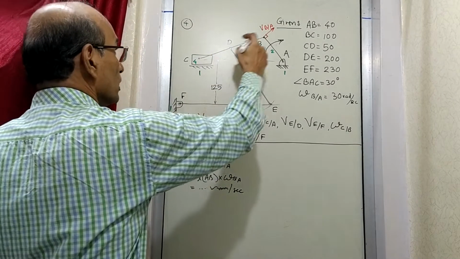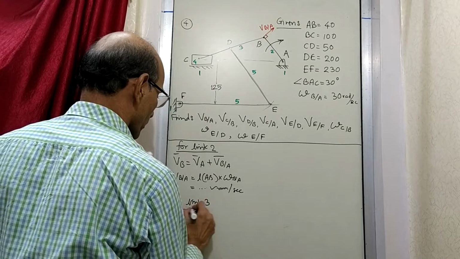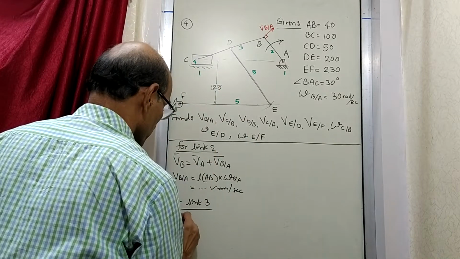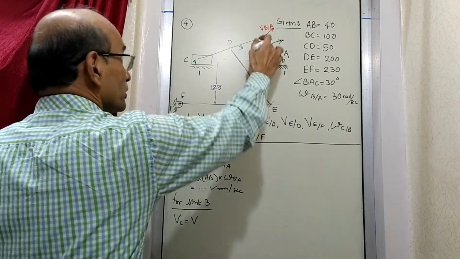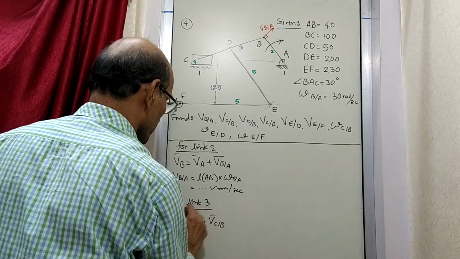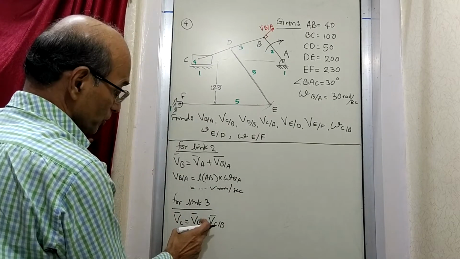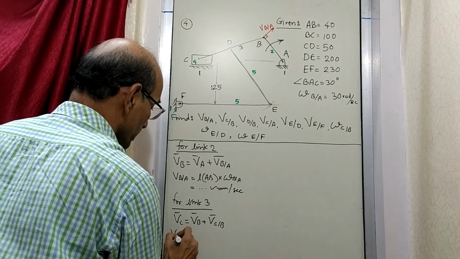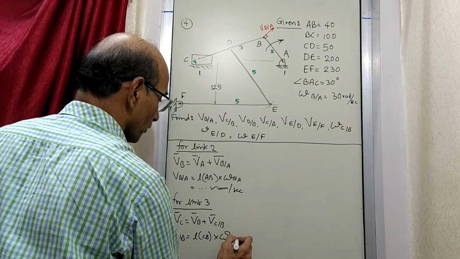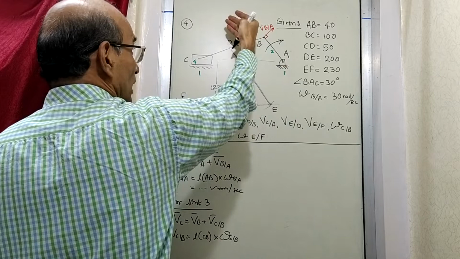Now we go to link number 3. So for link number 3, velocity of any point which you want to find out, that is C, is equal to velocity of point which you know, B, plus velocity of C relative to B. Now again velocity of B is this, and velocity of C relative to B is equal to the length of the link multiplied by the angular velocity of the link C with respect to B. So this link is going to rotate like this, either like this or like this.